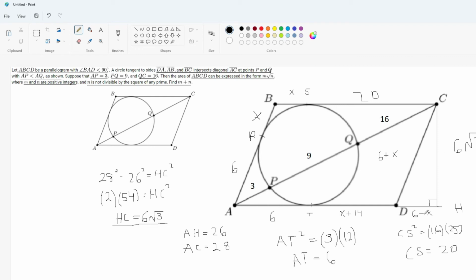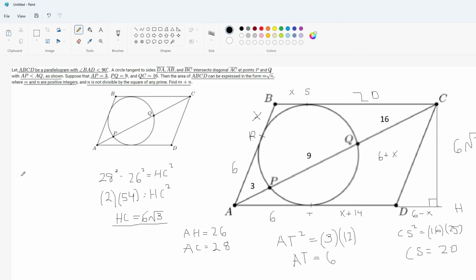So we basically can set up the relationship DH squared plus HC squared is equal to CD squared. So I'm going to set that once again just to the left of already written lines.